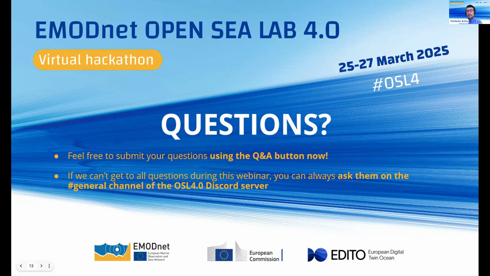Okay. So the first one. Let me go to the chat. Well, the first one is that there are lots of options in the EMODnet Mapviewer, which is great. And we have another question, which is way longer.